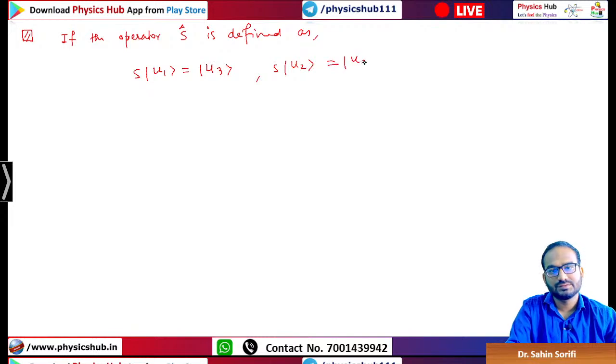Let's say the operator S is defined as: S operating on U1 is equal to U3, S operating on U2 is equal to U2, S operating on U3 is equal to U1.